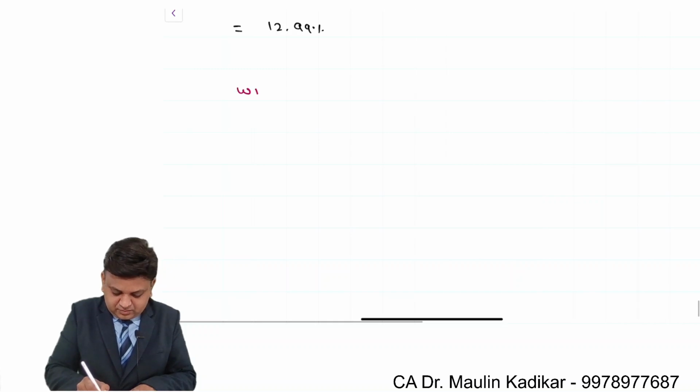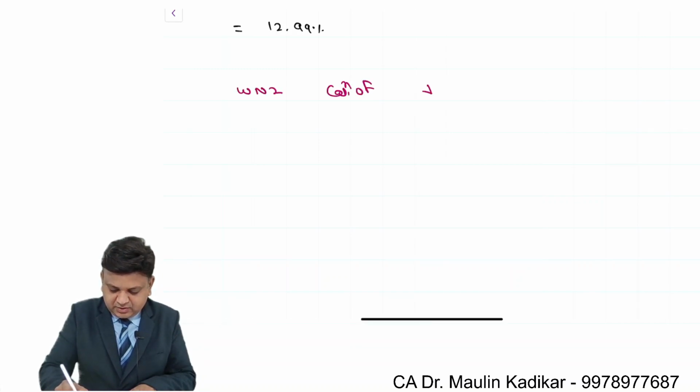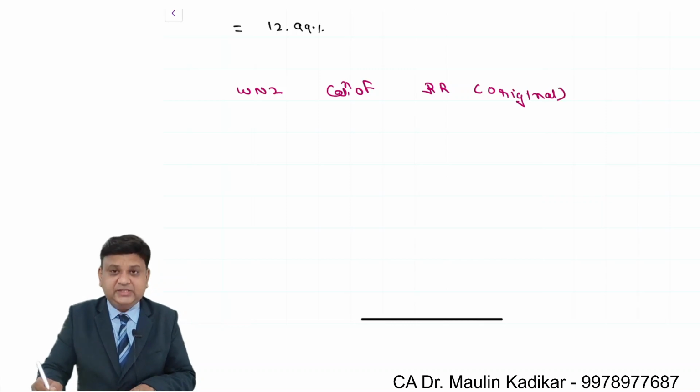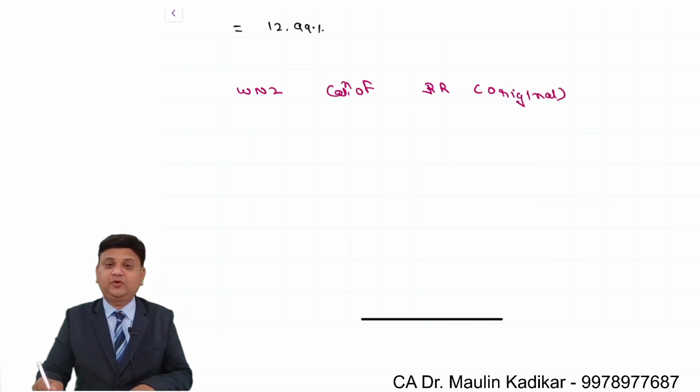Working note number 2, calculation of required rate of return, in bracket I am writing original. The reason behind that is we want to compute the D1.